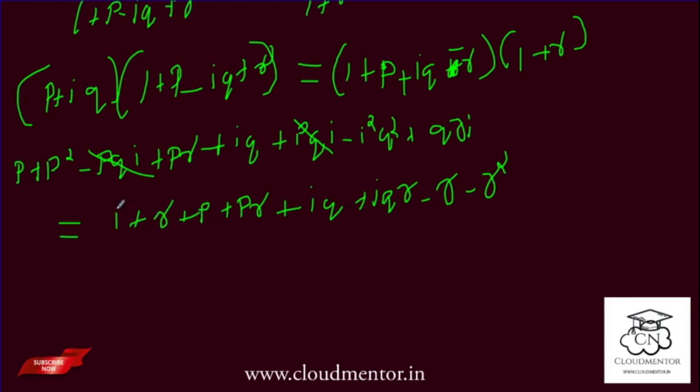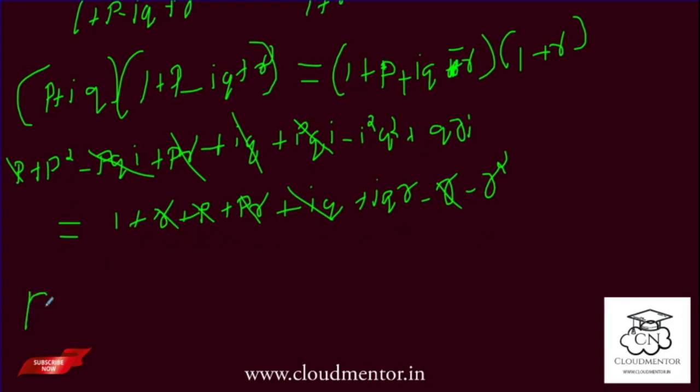Now we can cancel out this minus pqi and plus pqi, and here we can cancel from here p, here also p, and pr and pr get cancelled, iq and iq get cancelled. Okay, here r and minus r get cancelled. Now what is left here?